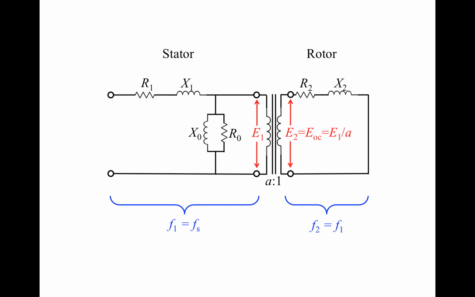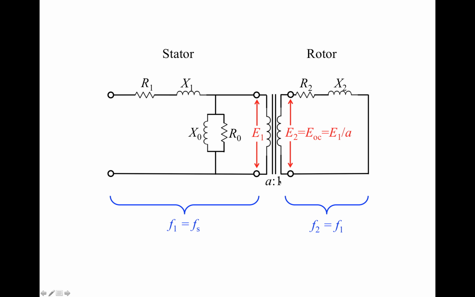So suppose the voltage on the stator side is E1. We're looking at the voltage across these 2 ports. The voltage here could be quite different, but let's suppose it is E1. That's going to induce another voltage across this ideal transformer with a turns ratio of A to 1.